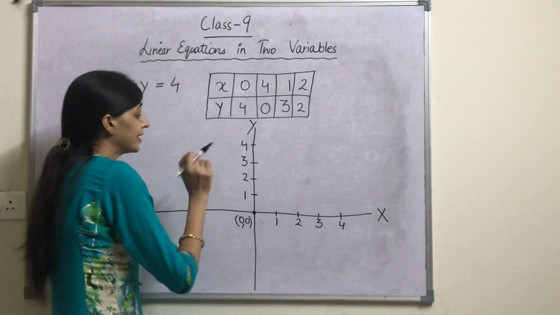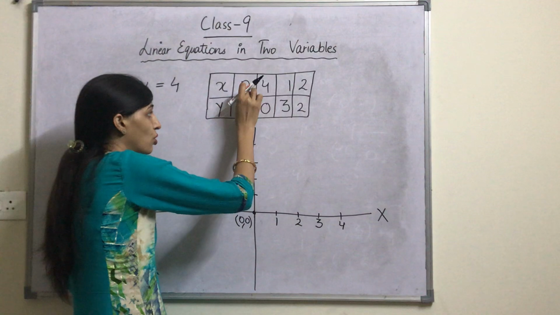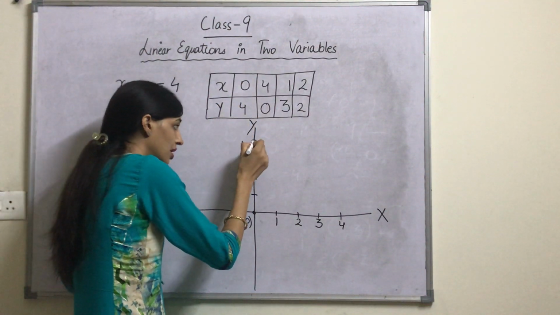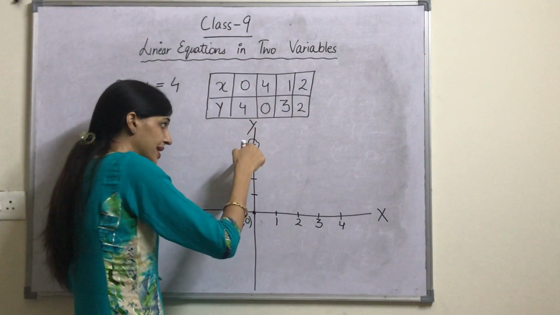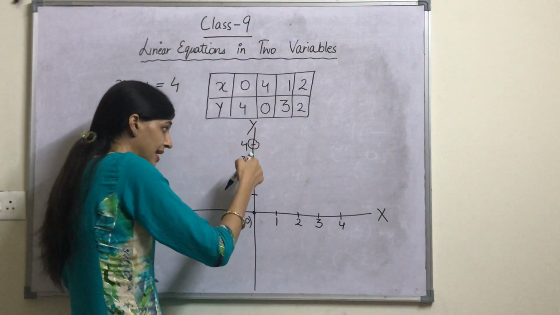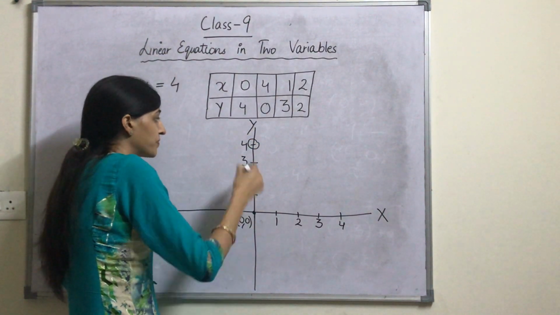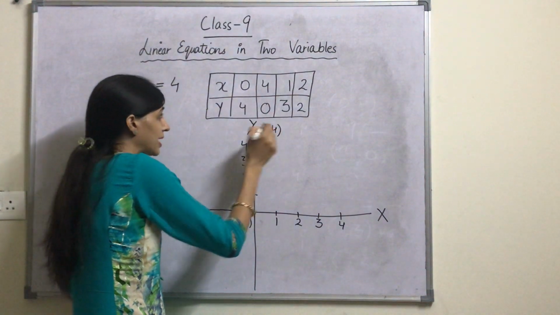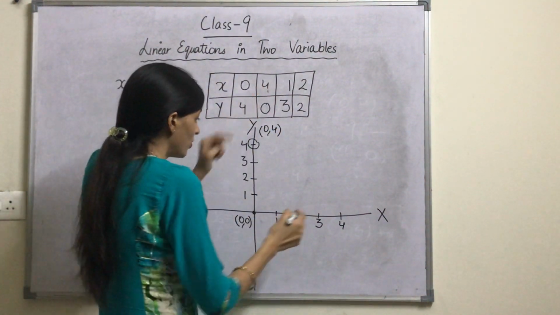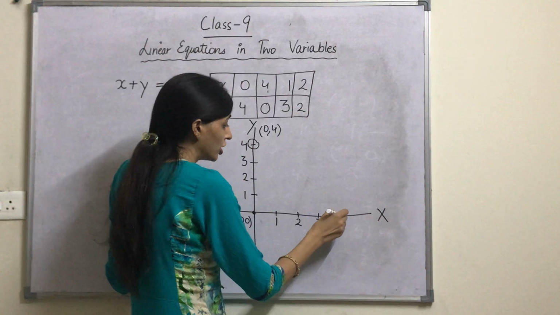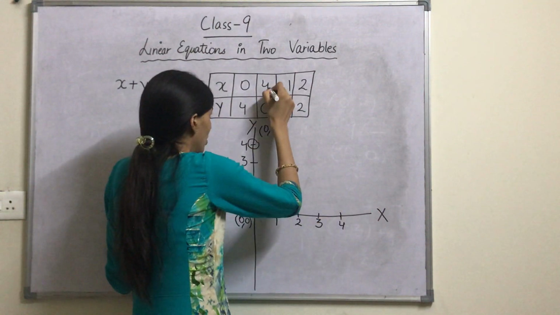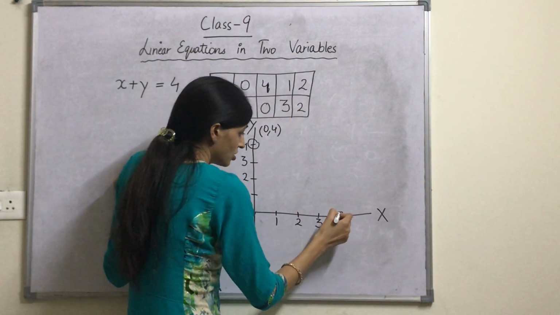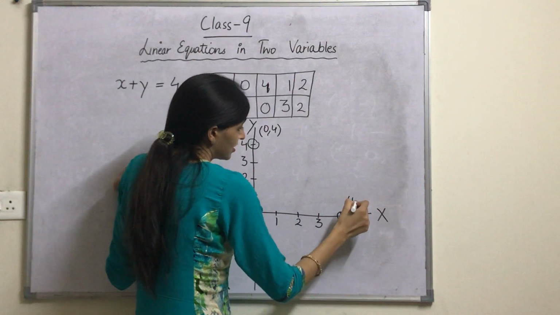Now, plot the points. x is 0, y is 4. Y is 4 on the y-axis, and on this line, x is 0. So this is your 0, 4 point. Similarly, x is 4 on this point and on this line y is 0. So this is your 4, 0 point.